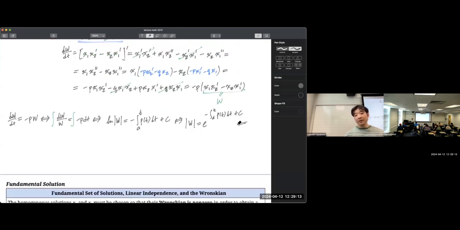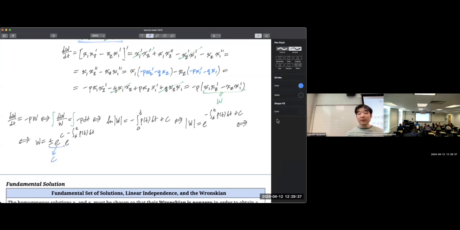And then it's the same process we always do with these. Drop the absolute value, you're going to have plus or minus e. I'm going to split this, so it's e to the c times e to the negative rest of it. And then you can redefine this as another constant c.